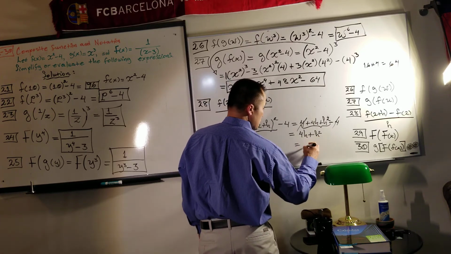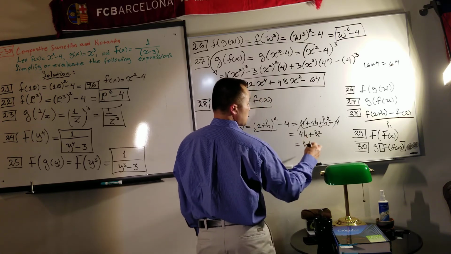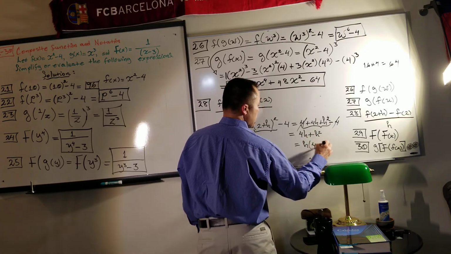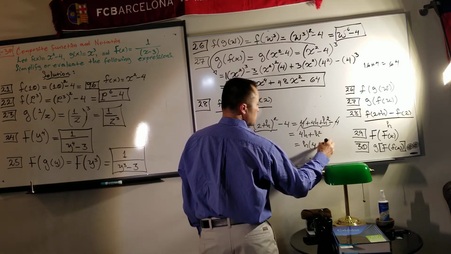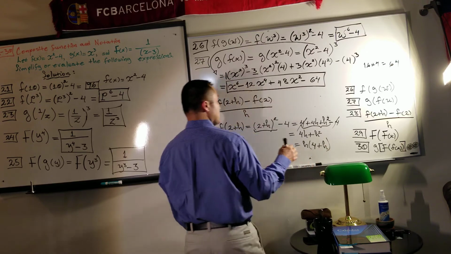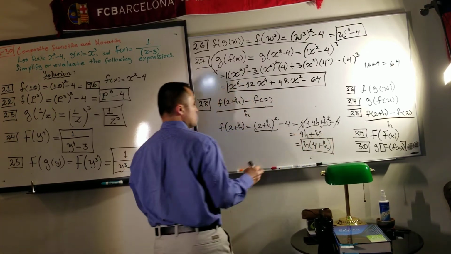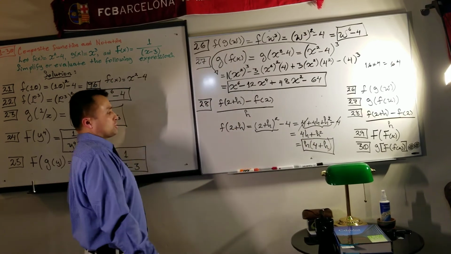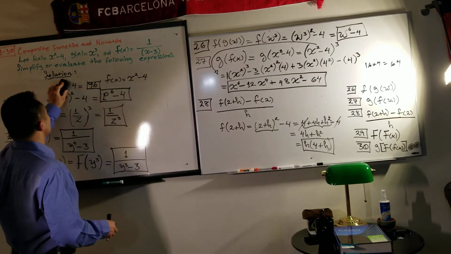That is h. Factor of 4h divided by h, that is 4, plus h squared divided by h, that is h. So this is just f of 2 plus h, right? Let's continue over here.